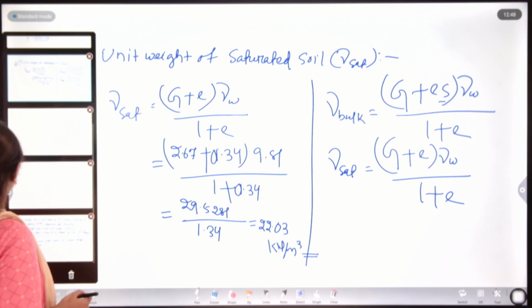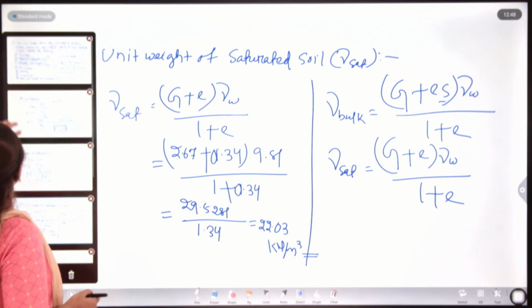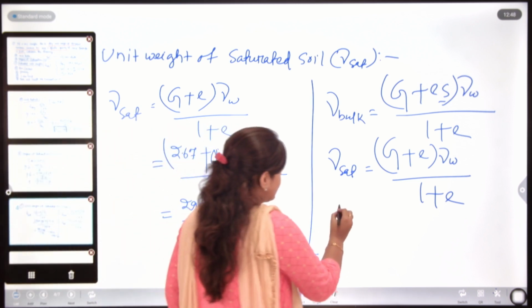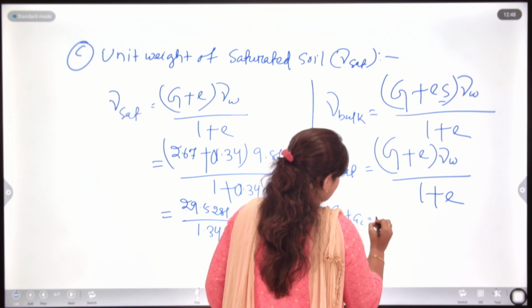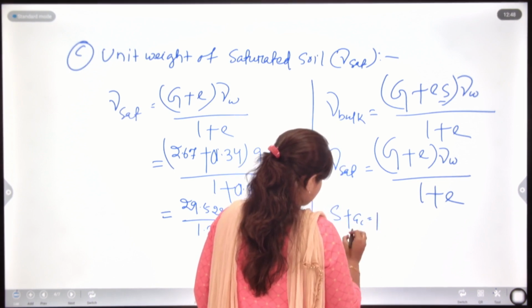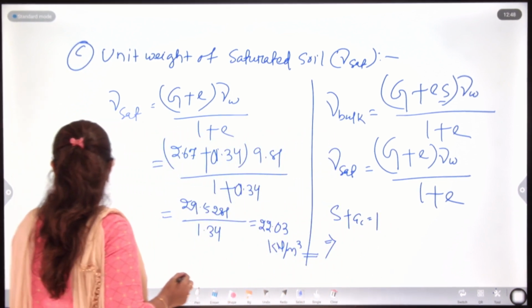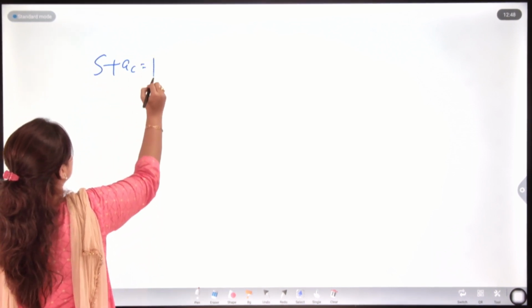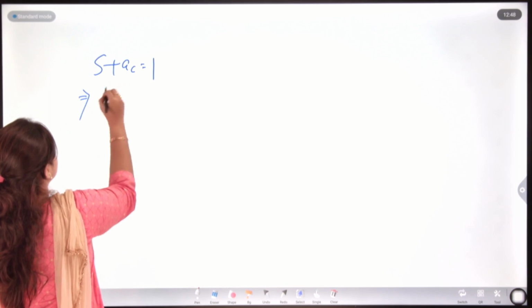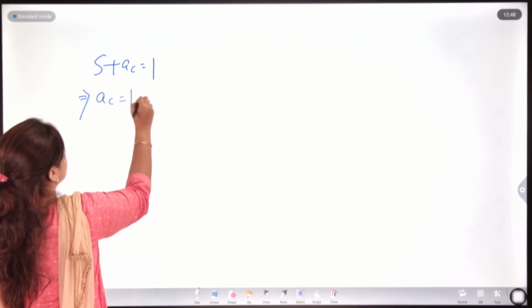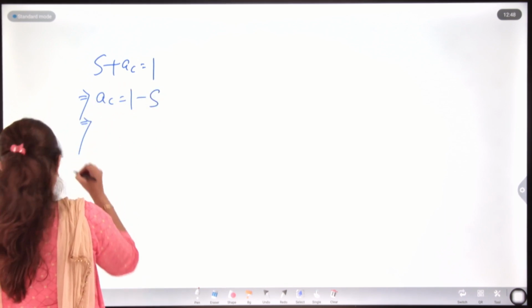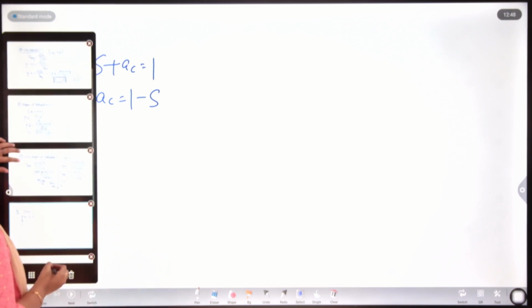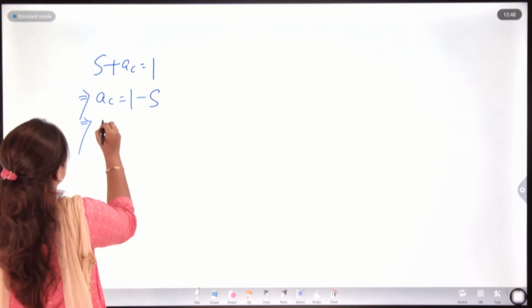Next, to calculate our air content. We know that S plus AC is equal to 1. So, AC is 1 minus S. Here S value is 0.62.